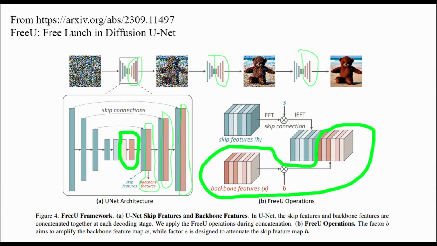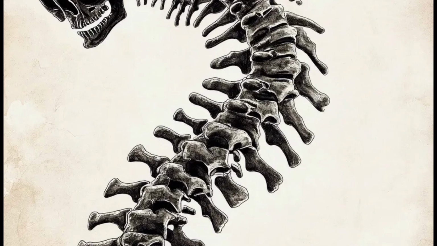B1 and B2 specifically control the amplification of features in the first and second stage blocks of the decoder. Adjusting these parameters affects the overall structure, coherence, and detail of the generated image. The letter B is used to denote that these parameters are related to the backbone of the network.